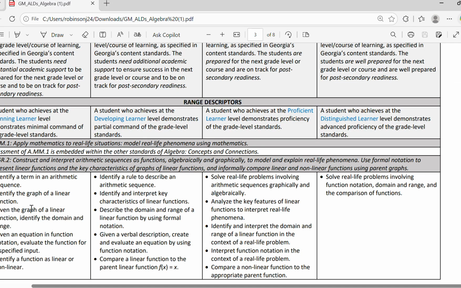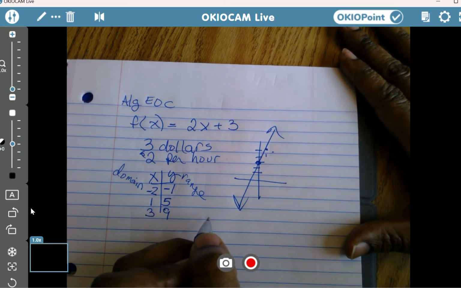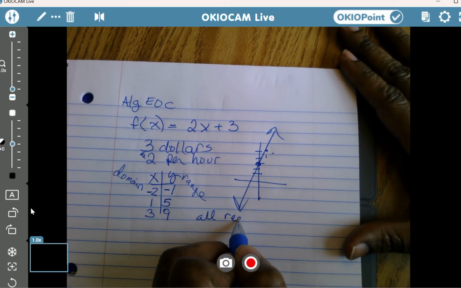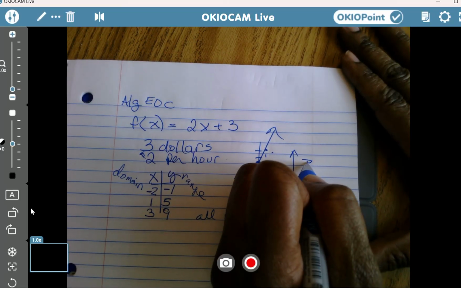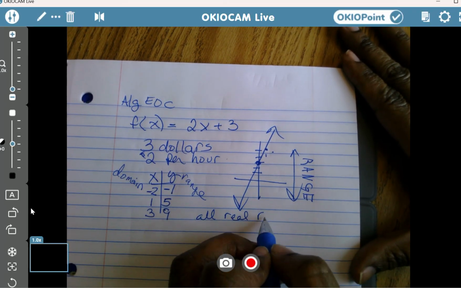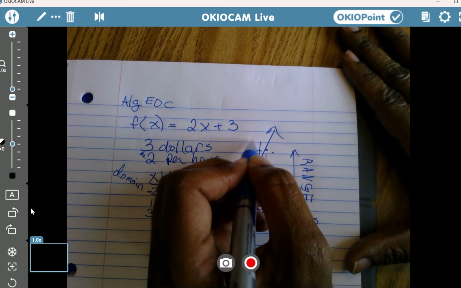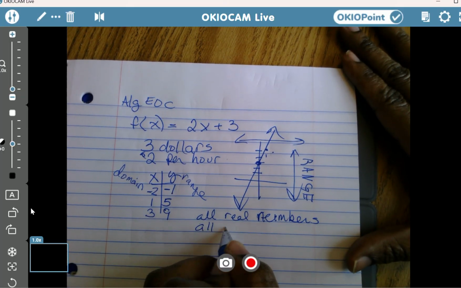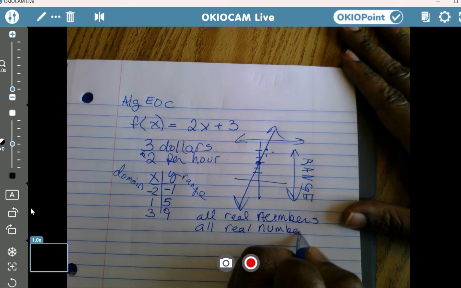If we needed to find function notation, domain, and range, the range will be all real numbers because this is going in both directions on the y values. Range is the y, all real numbers, and since the domain goes in both directions, the domain and the range values are both all real numbers.